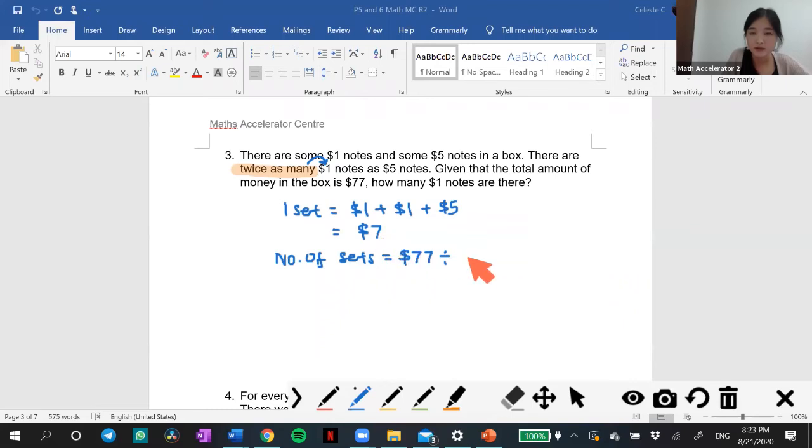You divide by the value of one set. So we are finding out how many $7 are there inside this $77. Yeah, 11. 11 sets.